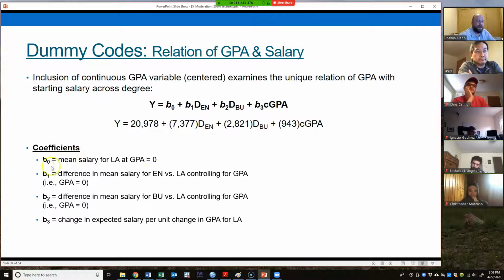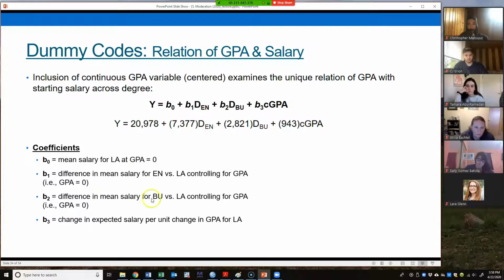Our coefficient, our intercept here, this is going to be the mean salary for liberal arts majors with GPA held constant at 0. Okay. And Alicia, what does GPA held constant at 0 mean? It means you're just looking at that mean salary between the engineering and the liberal arts.